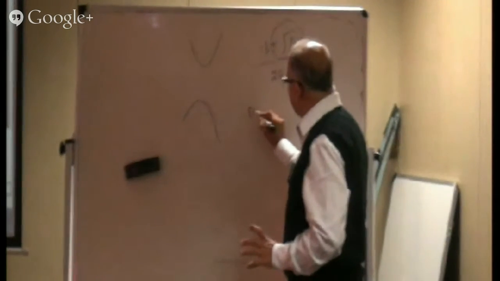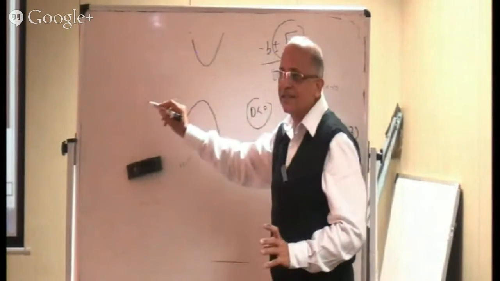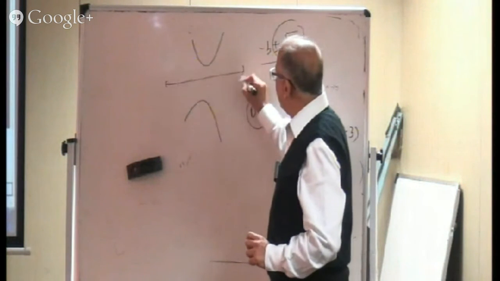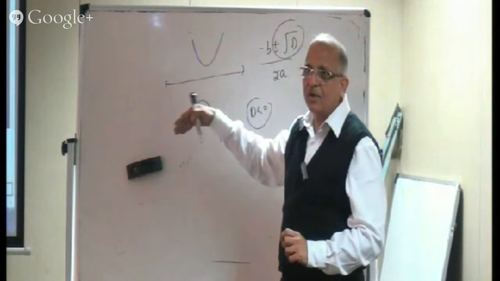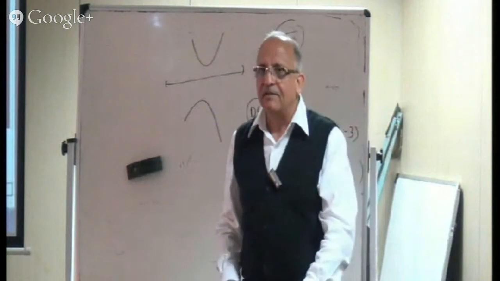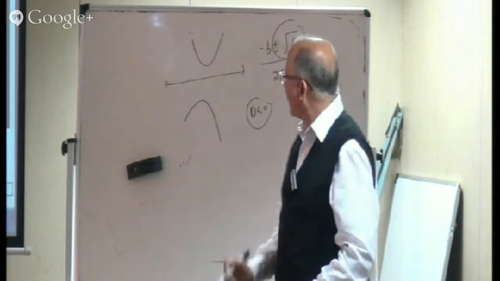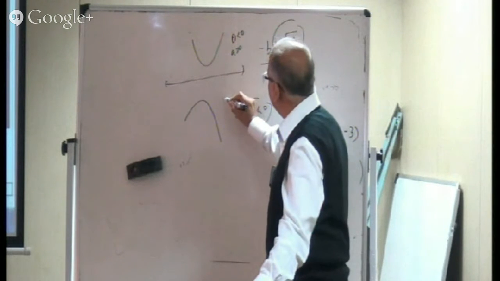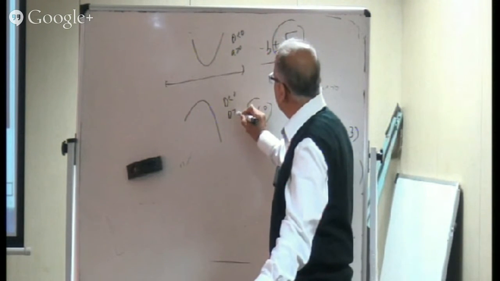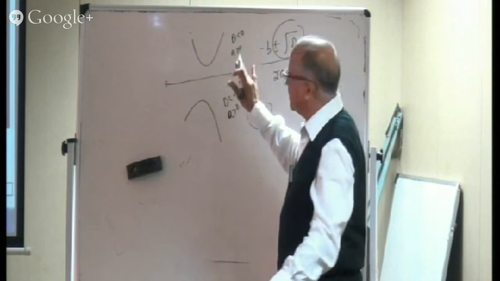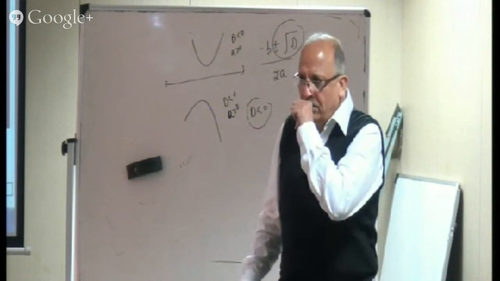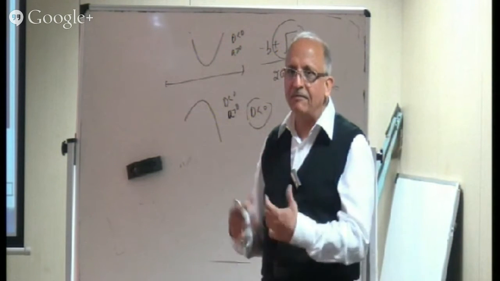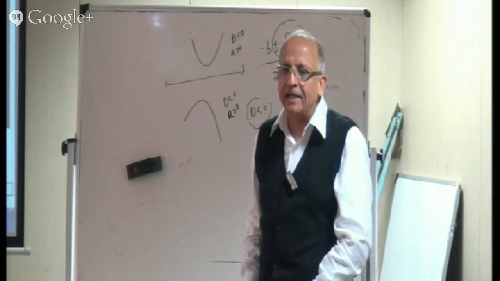D tells you its position with respect to the x-axis. If D is less than 0, the parabola will be of this type or this type, because it is not going to intersect the x-axis. This is the case of D less than 0 and a positive. This is the case of D less than 0 and a negative. Similarly, I have discussed other possibilities, because D greater than 0 tells that it is crossing your x-axis. For some values it is positive, for some values it is negative.